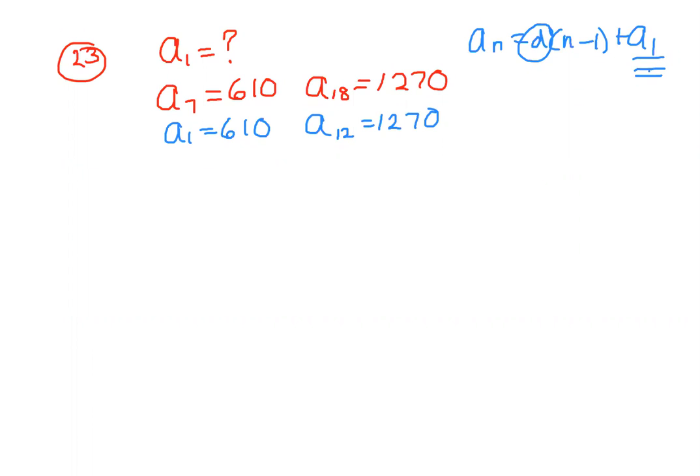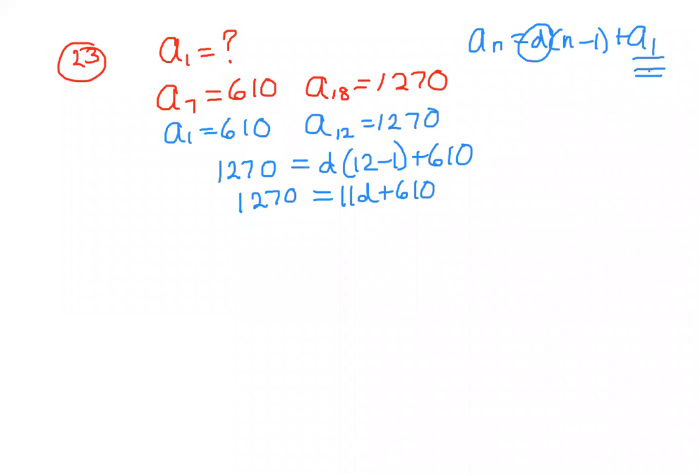And in doing that, I'm going to get AN equals, oh no, that's not what I want to do. I'm going to get AN equals D times n minus 1 plus A1. And I'm going to solve for D right here. So I get this, and I'm going to get D equals 60.